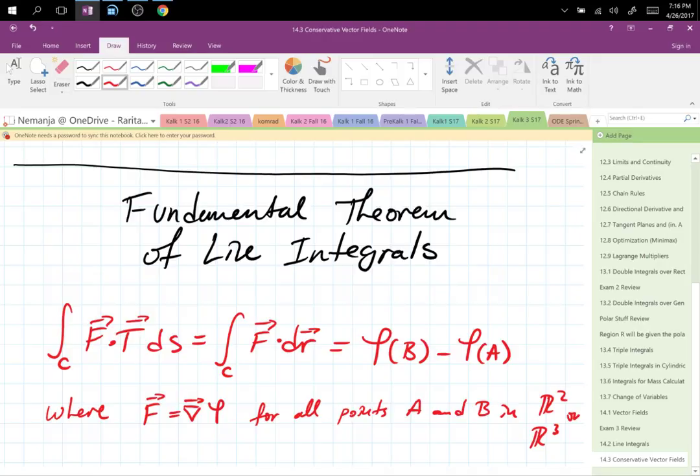So capital A could be a 2D point or a 3D point, depending on if function phi is 2D or 3D. So this is essentially the same as your good old Calc 1, F(b) minus F(a), because your integral was from 0 to 2, right? So a was 0 and b was 2. Now your A and B are capital letters because they take on 2 or 3 coordinates to compute.